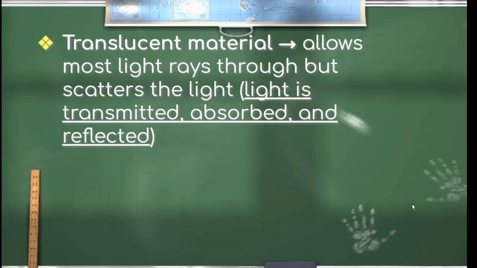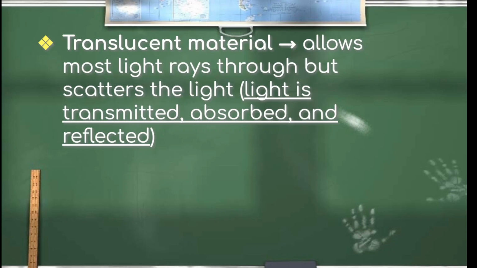A translucent material allows most light to be transmitted through, but it doesn't go perfectly. So there's a note here that light is transmitted, absorbed, and reflected, right? Light is transmitted. Light does get through. You can kind of see through the material.